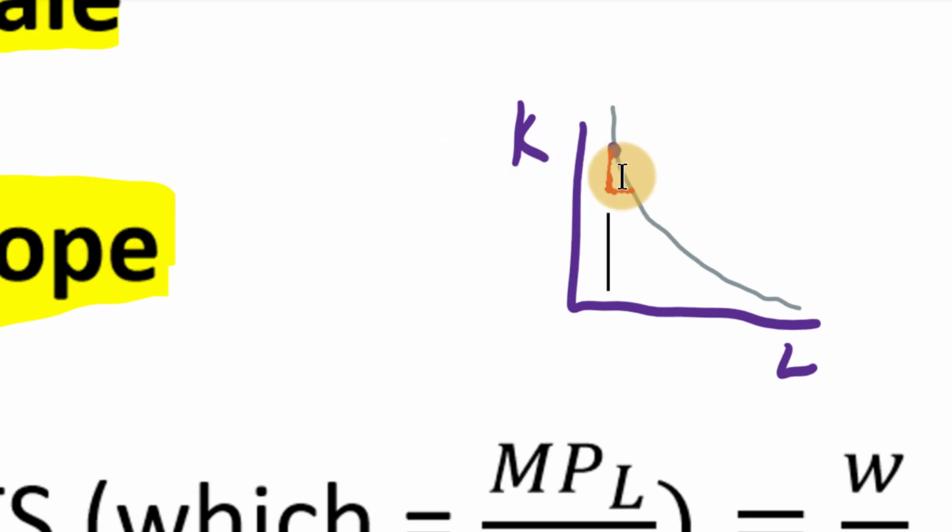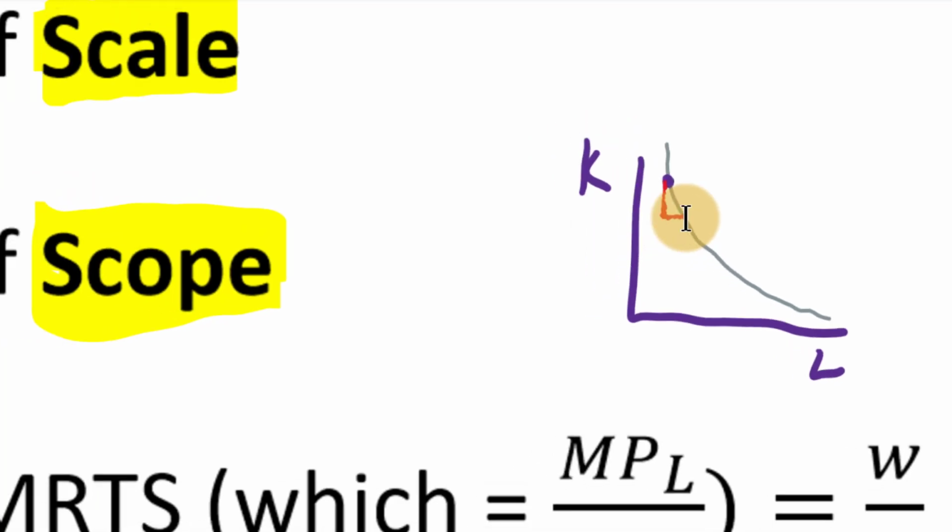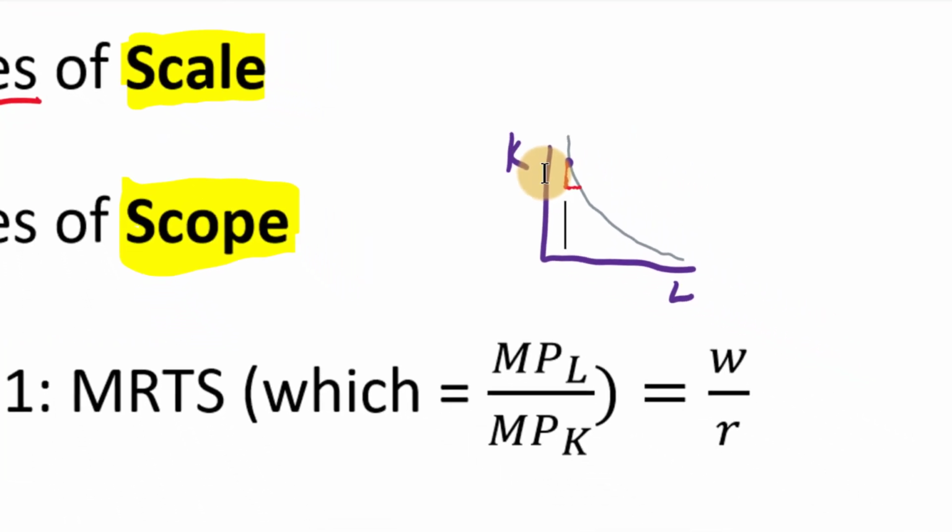It's rise over run. Rise is machines we shut down, run is getting one more worker. You could think about it the opposite way. Suppose one worker does not show up for work, we lose a worker. How many more machines do we need to obtain to replace the worker? Marginal rate of technical substitution. It's just the slope of an isoquant.